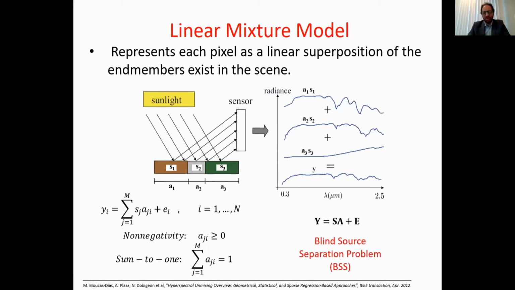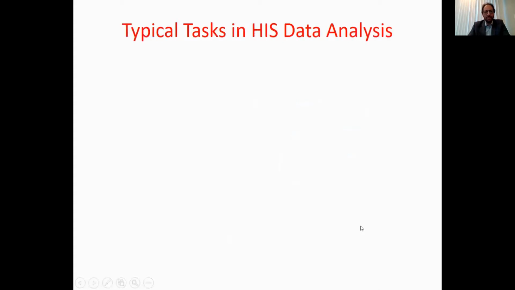Blind source separation is a very generic problem, and unmixing of hyperspectral imaging data is one special case of that, where we have this matrix representing these spectral pixels, and we want to factorize this matrix Y into SA, where S are the available spectra, and A are their abundances in each of these spatial locations, and E here is a noise term.